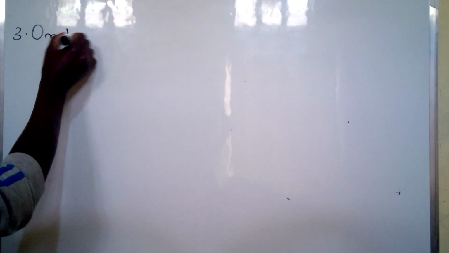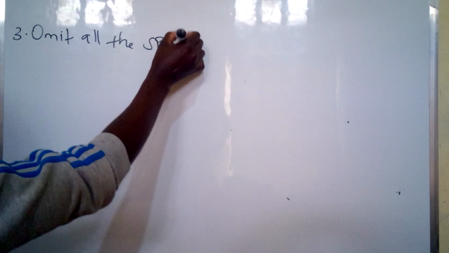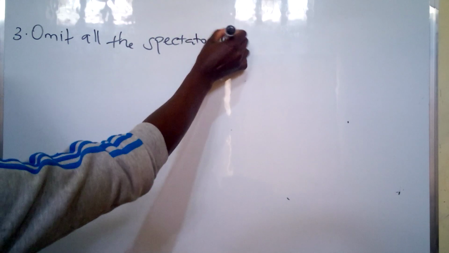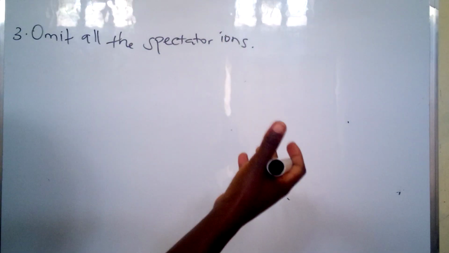So step number 3 is we omit all the spectator ions. When you talk about spectator ions, we are talking about the ions that are present on both the reactant side and on the product side.